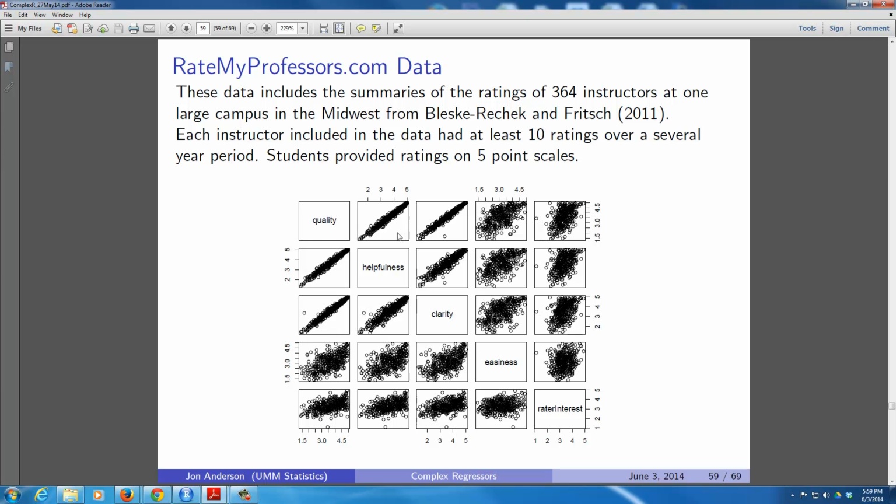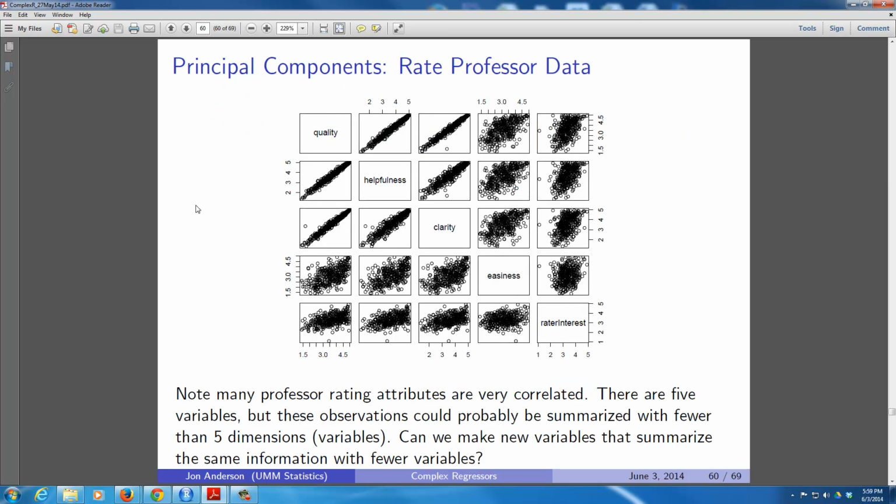So there's 5 variables here, but there's a lot of overlap between these things, and the 5 variables probably really are not totally needed. They don't map out a 5-dimensional space. Maybe we could summarize the information in these variables with a smaller number of variables intelligently constructed.